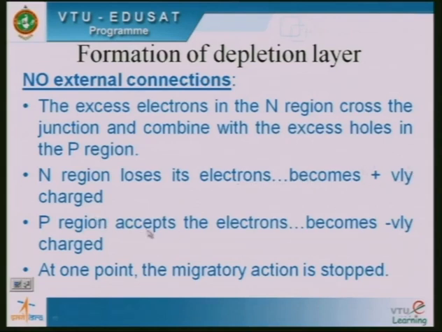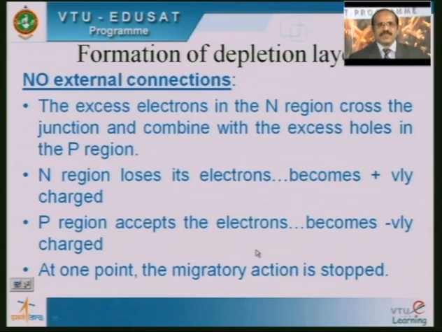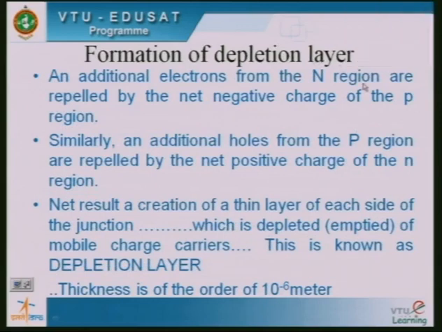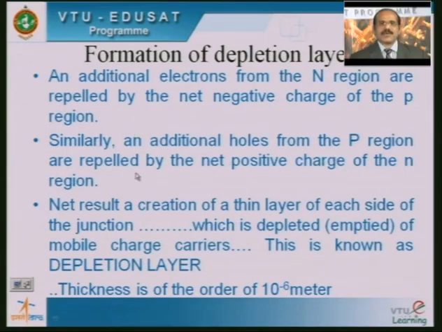Similarly, the P region, when it accepts the electrons, becomes negatively charged. At one point of time, the migratory action stops, and additional electrons from the N region are repelled by the net negative charge of the P region. Similarly, additional holes from the P region are repelled by the net positive charge of the N region.